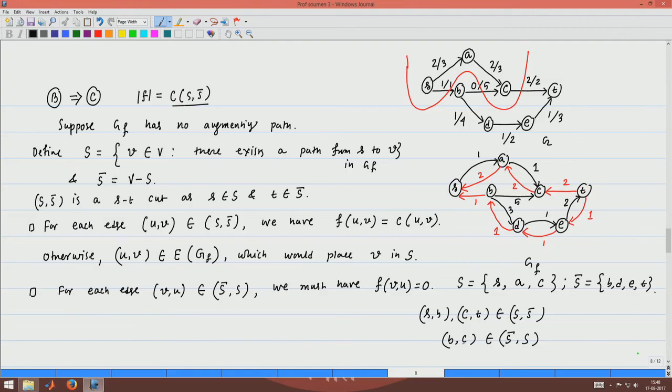You can see that the flow along B C, from B to C, is equal to 0.